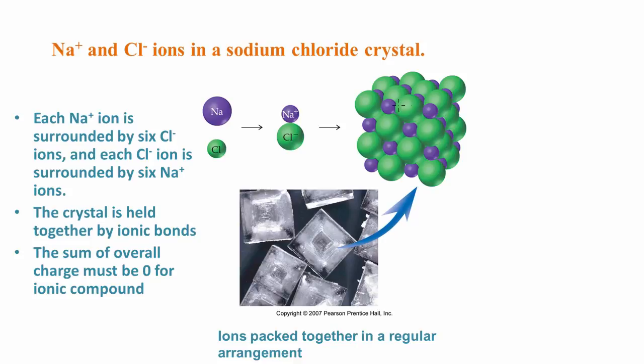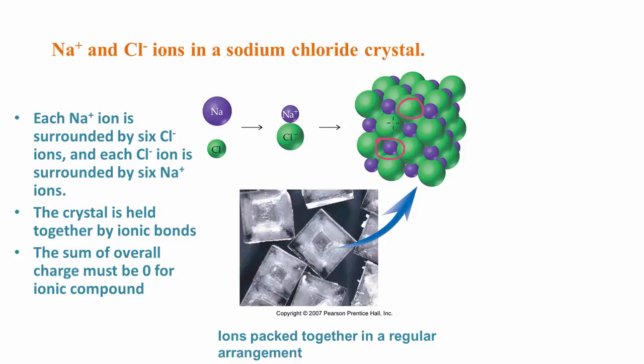Okay, so these ions are packed very tightly together in, again, a very regular arrangement. So it turns out that each chloride ion, those are in green, will be surrounded by 6 sodium ions, and each sodium ion is surrounded by 6 chloride ions.